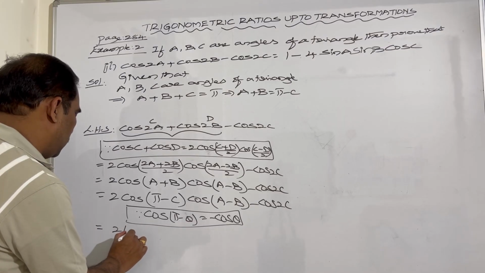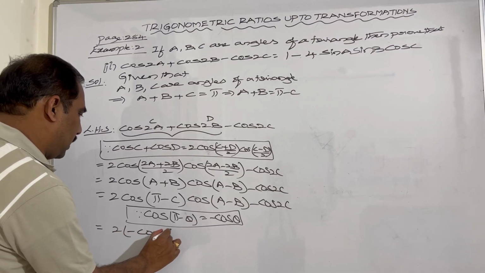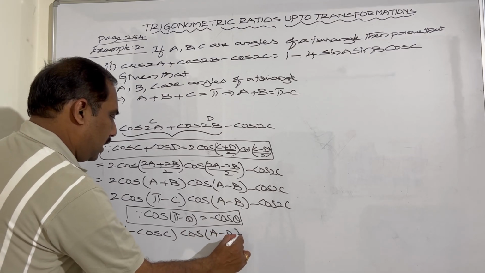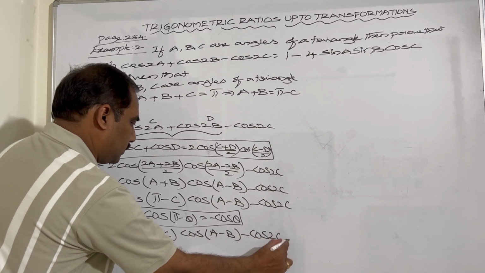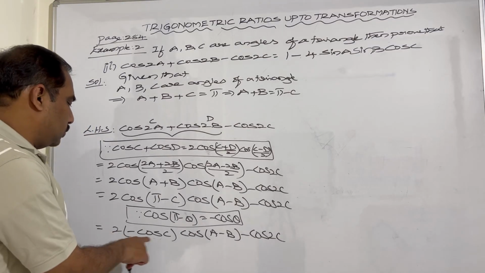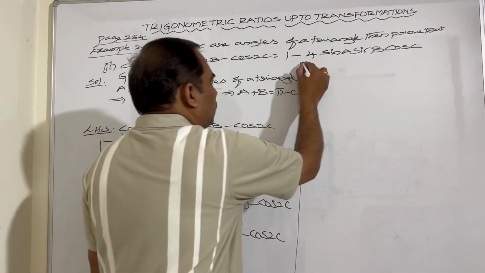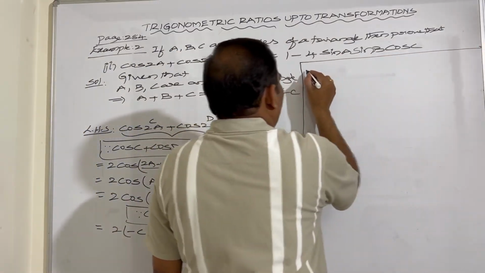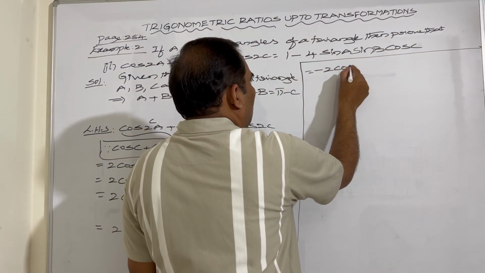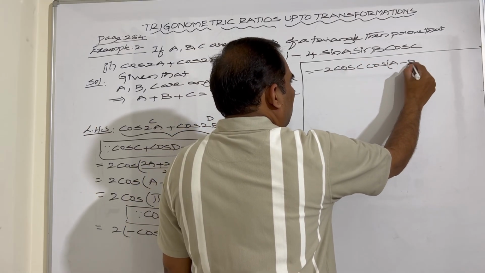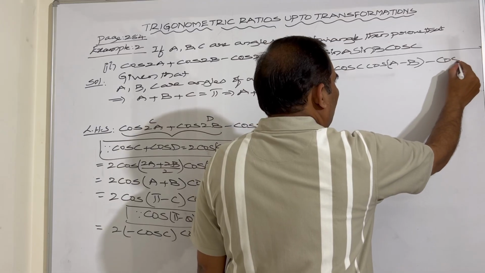So 2 into minus cos C is minus 2 cos C, which gives minus 2 cos C into cos of (A minus B), and minus cos 2C.